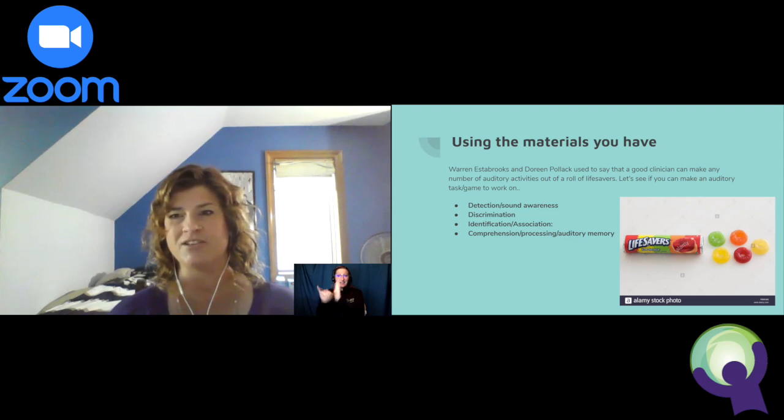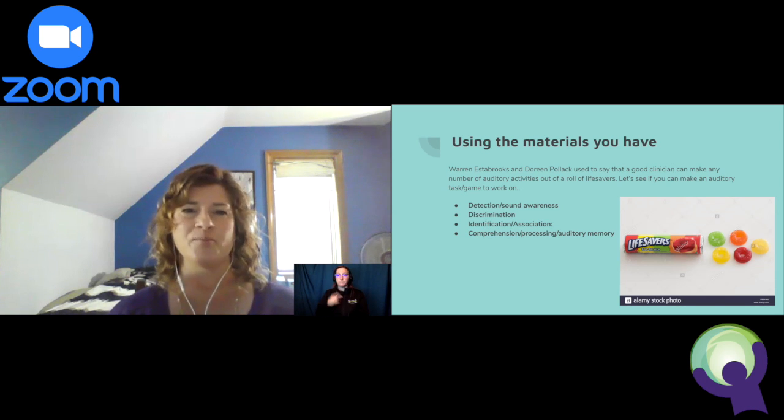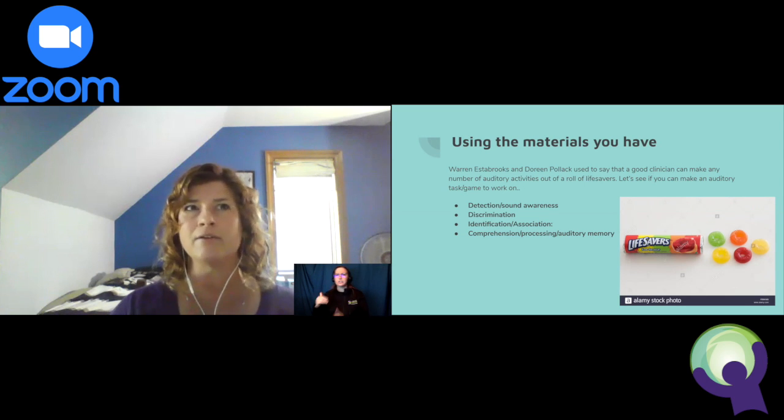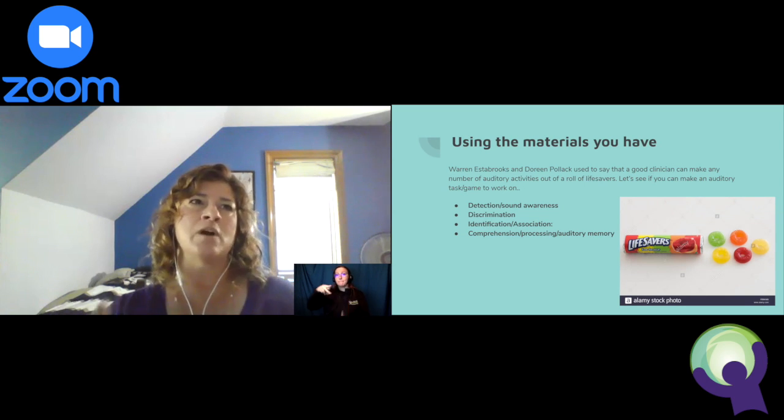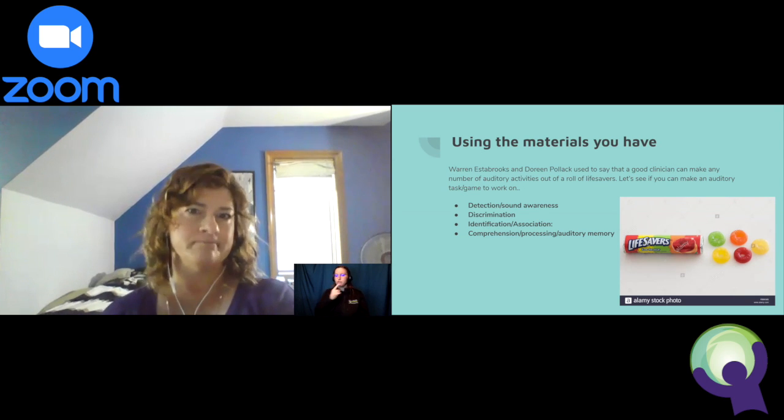Identification or association, you could attach words to each of those, or you could use it to work on the theme of colors, and they could identify colors. You could do comprehension or processing or auditory memory games with them. Which came first, which came next, or auditory patterning, and which color would come next if I did red, orange, yellow, red, orange, and then wait.